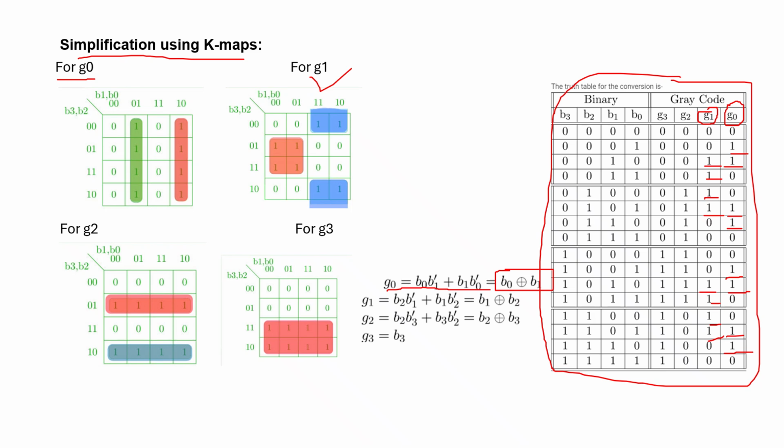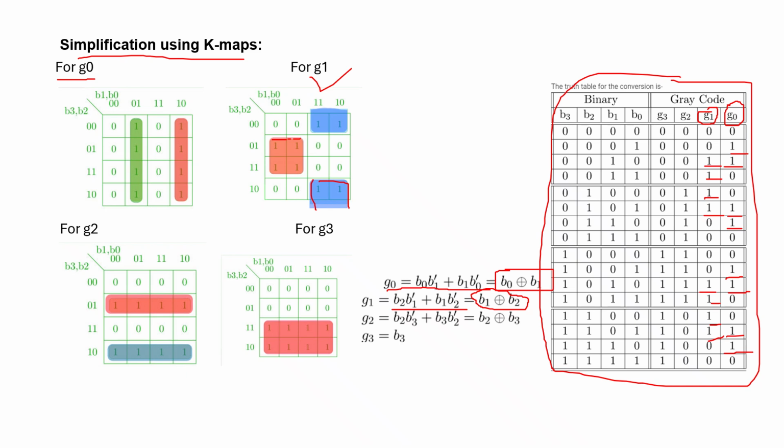Then after the mapping we can group them. Two quad groupings can be done, so here we have done 2 quad groupings. Based on that we can write the simplified answer: B2 B1 bar plus B1 B2 bar. We can write the simplified one with the help of the XOR gate as B1 XOR B2.